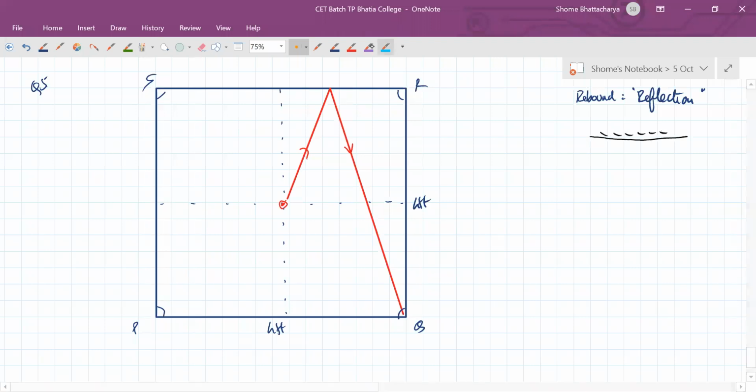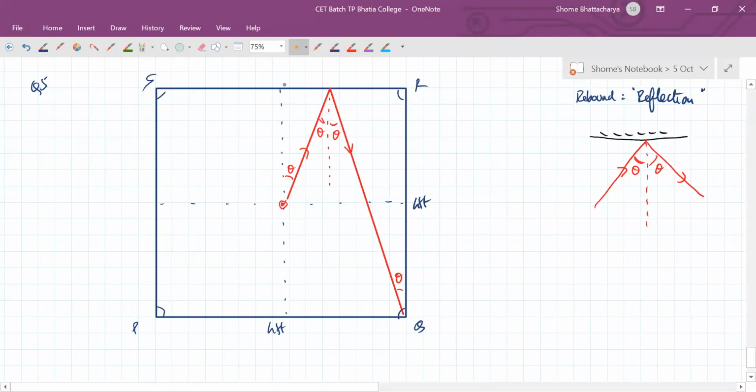So if the rebound is happening like this, then this angle should be equal to this angle. So if over here we drop a perpendicular, then this angle should be equal to this angle. That is the same thing as saying that this angle is equal to this angle.